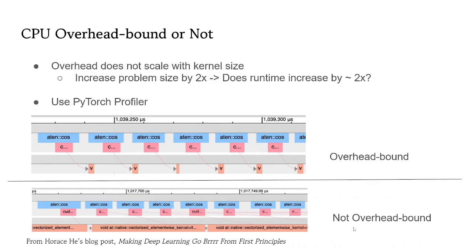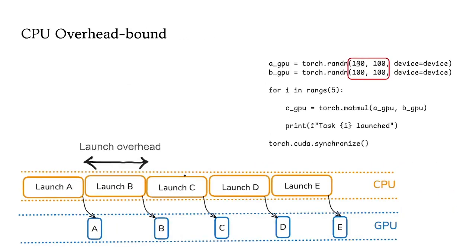How do we find out whether we are in a regime where the CPU overhead is dominating, or whether we are in a regime where the GPU computation has hidden the CPU overheads? One way is, let's say, instead of multiplying matrices of 100 by 100, I make it 200 by 200. Then these GPU kernels will take a bit longer, maybe twice or 4 times.